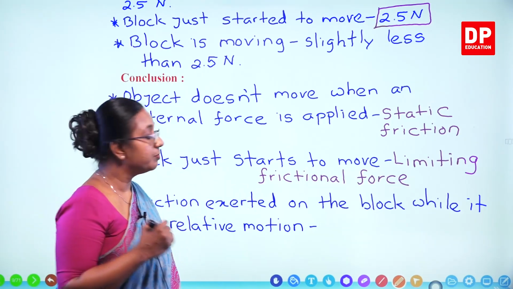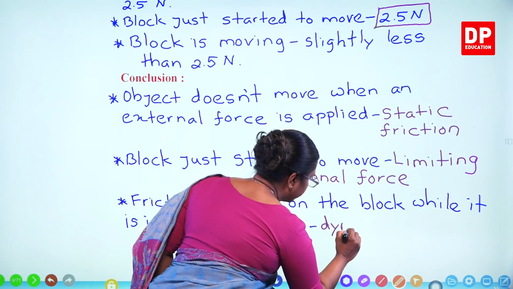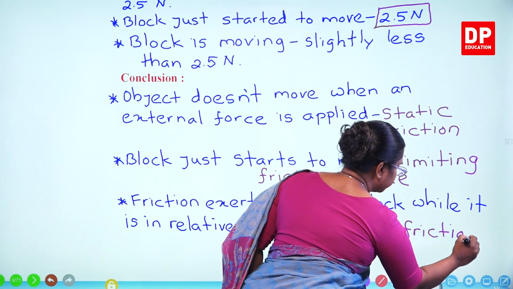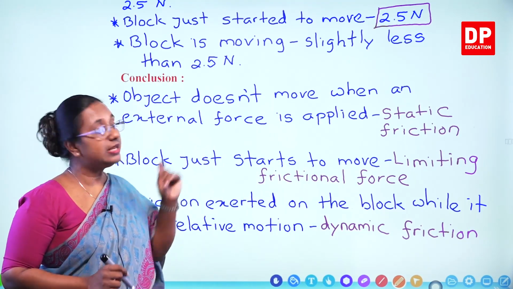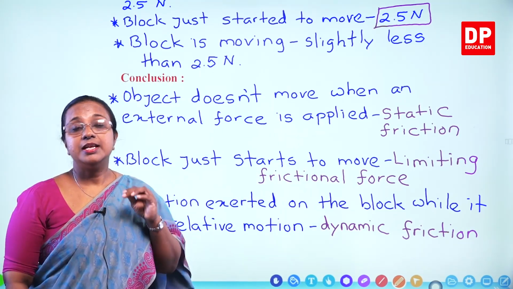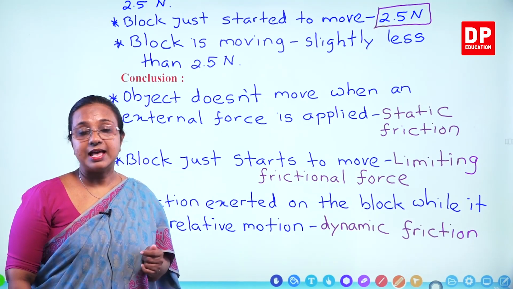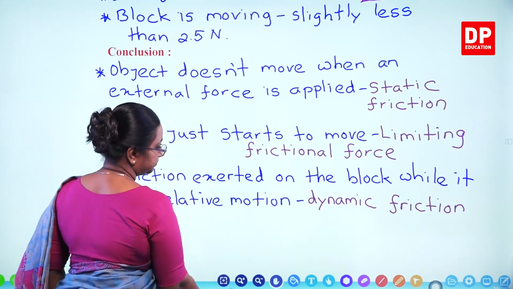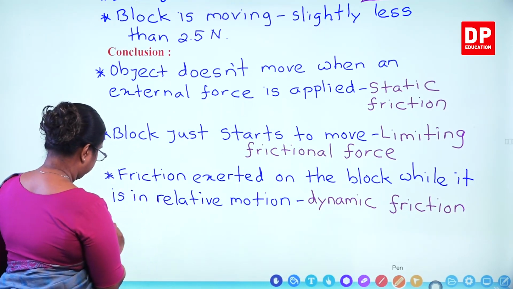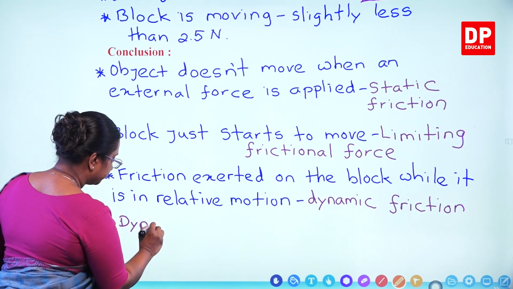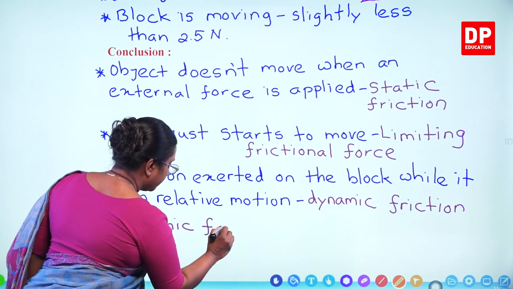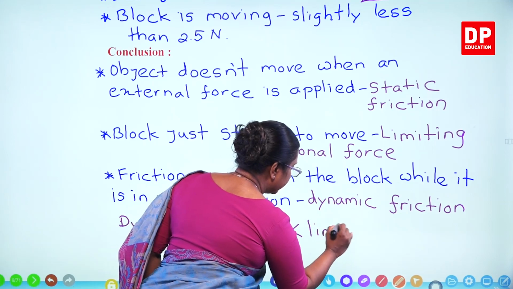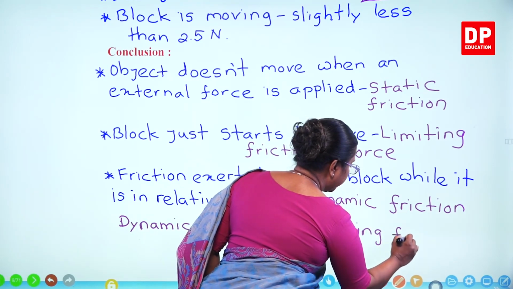Why? The object is moving. And as we already discussed in the observation, the dynamic friction is slightly less than the limiting friction.